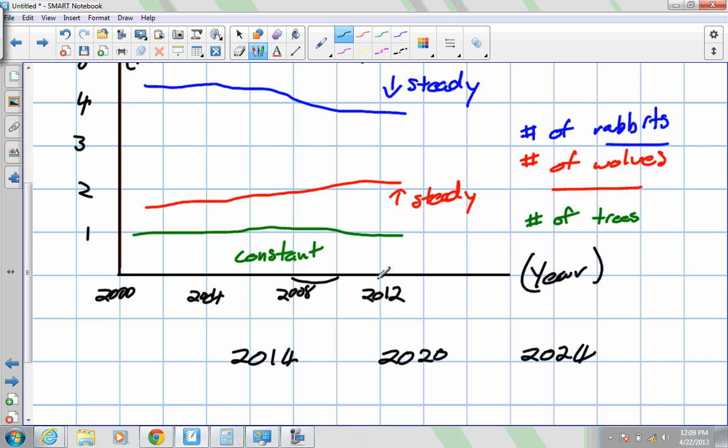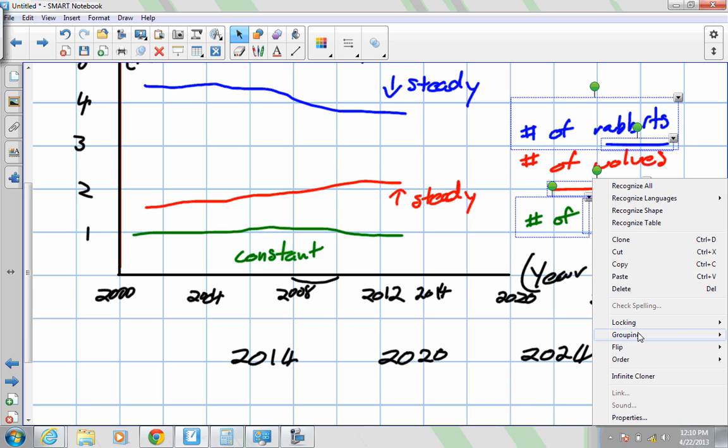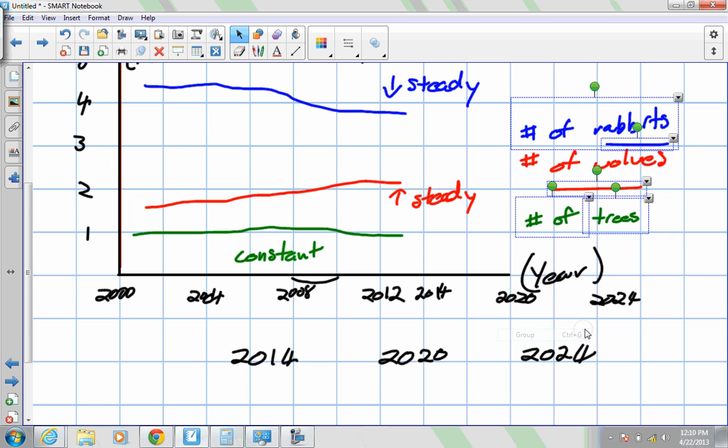So this will be 2014 here. Then we have 2016, 18. Here's 2020. And then here's 2024. So I'm going to have to move some things over so that we have room. And I want you guys to use some critical thinking while going through this, because there might be a bit of a trick in this question.